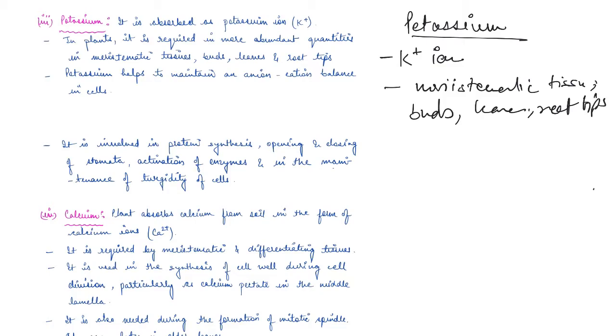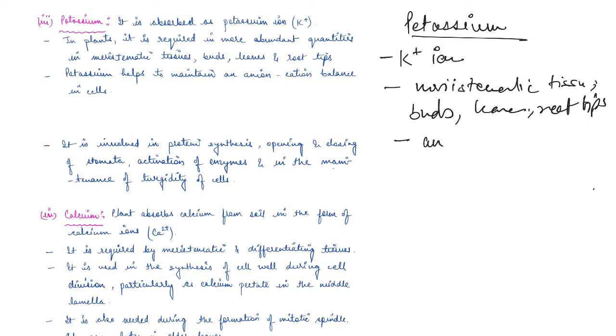The role of potassium is important because it helps in maintaining the cation and anion balance in the cell, and is also involved in protein synthesis. So again, there are a lot of important functions that it helps in.